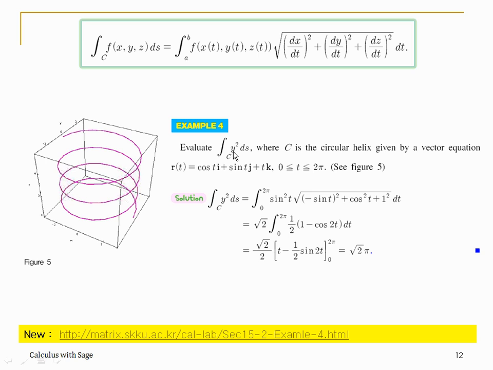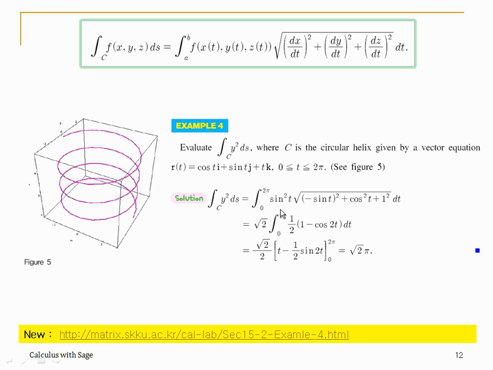In this case x is cosine t, y is sine t, and z is equal to t. With those substitutions, y squared is sine squared t, and for the square root part, dx/dt is minus sine t, dy/dt is cosine t, and dz/dt is 1.